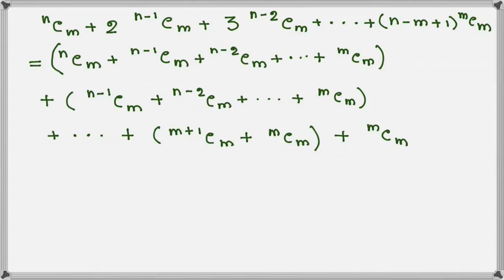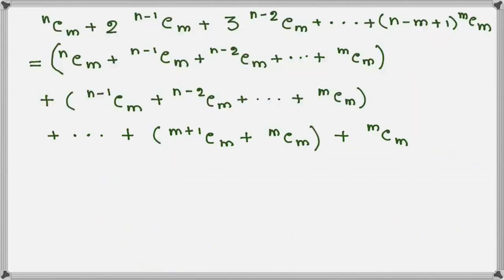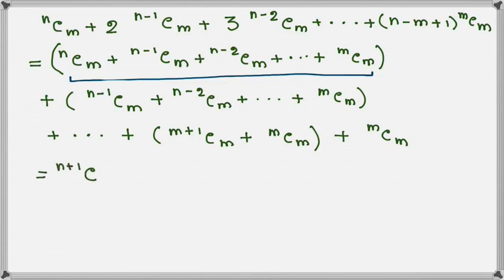Now let us again go back to the first part of the problem. We are going to use this part now. Using that, we can write this one is equal to (n plus 1)C(m plus 1).